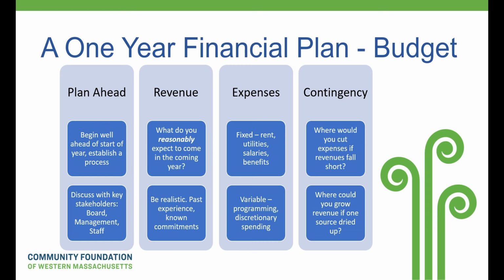So when I think of a budget, I think of a 1-year financial plan, and I think about it around the course of our fiscal year, or whatever fiscal year you're working with. And oftentimes that has a cycle to it, right? Where, a few months before it starts, you start planning for the year ahead. And with a budget, you should do the exact same thing. You don't want to start on the first day of your fiscal year and say, oh good, let's work on the budget.